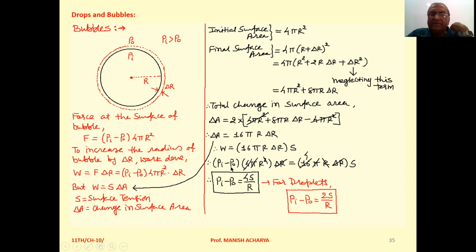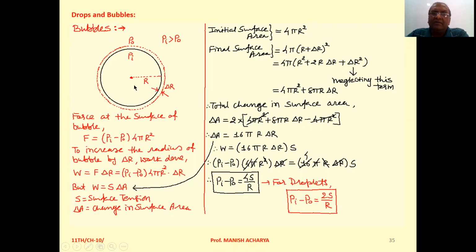So Pi minus Po into 4 pi r square into delta r is equal to 16 pi r delta r S. So here pi cancelled, one r cancelled, delta r cancelled, and 4 is 16, so 4 will be there. Resultantly we can write Pi minus Po is 4S upon r. This is the equation for the pressure difference in the bubble.